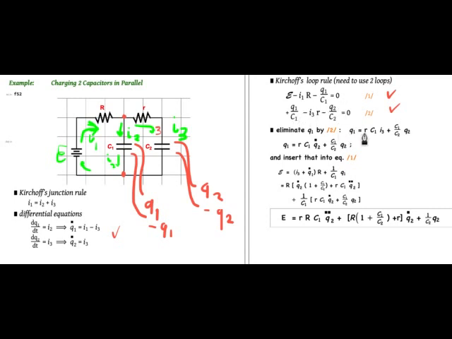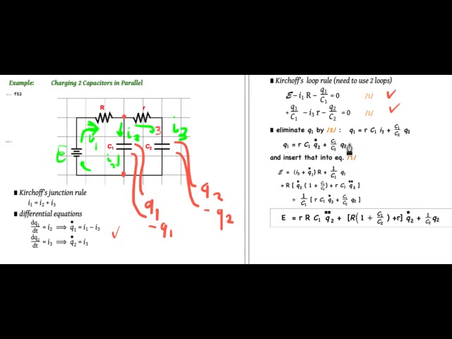So Q1 is R C1 I3 plus C1 over C2 Q2, so that I can substitute back. Here it is again. Q1 is R C1, well, I3 is Q2 dot. So we'll write everything in terms of Q1 and Q2. So I3 is replaced by Q2 dot. Here's again Q2, C1 over C2, Q2.